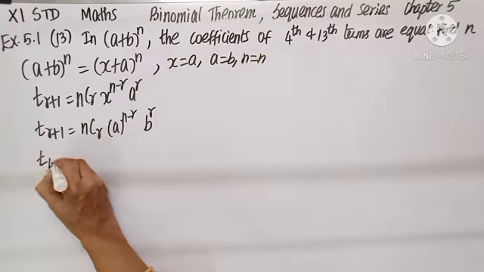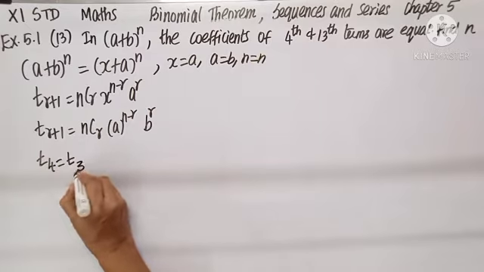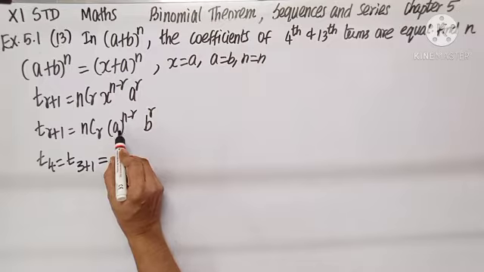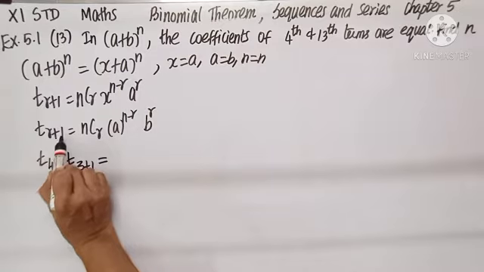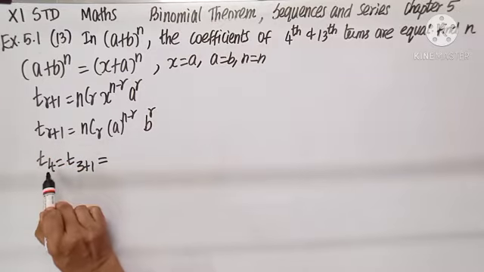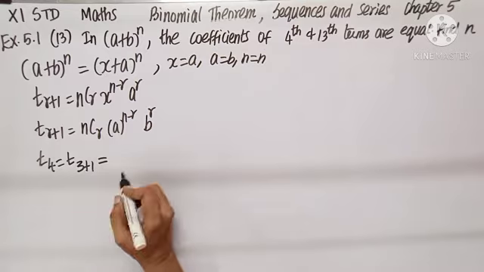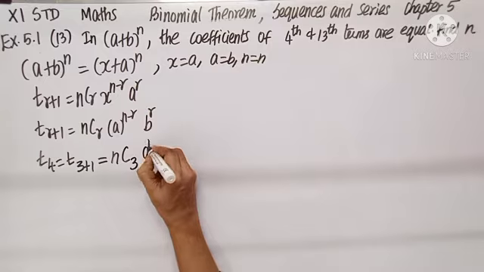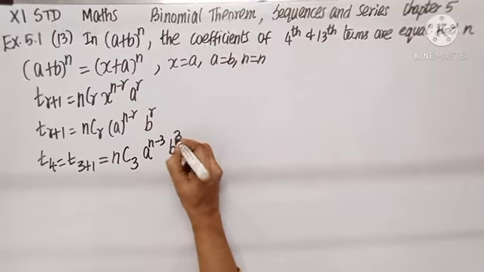How to write the 4th term? To substitute in the formula, I want r plus 1 format. So 4 can be written as 3 plus 1. n is n only. nC3 a^(n-3) b^3.